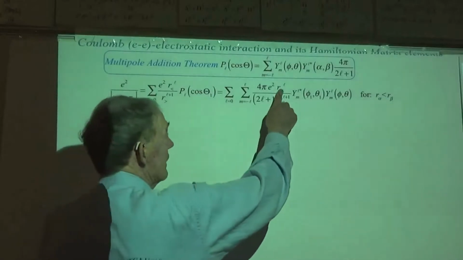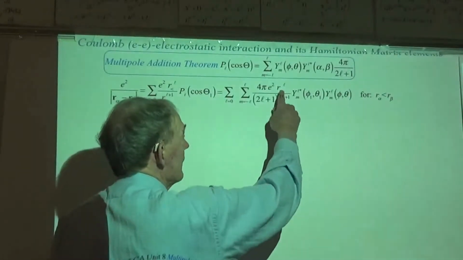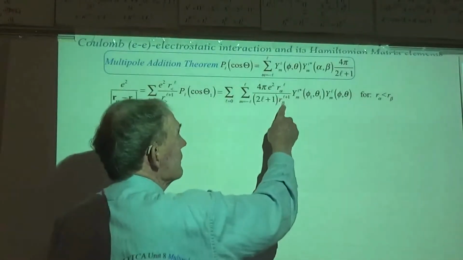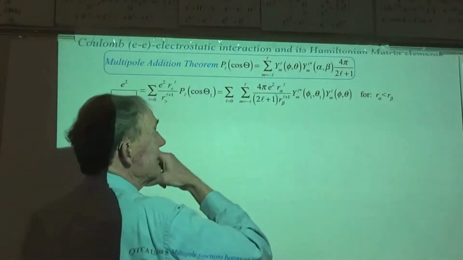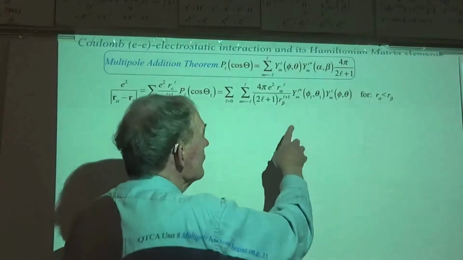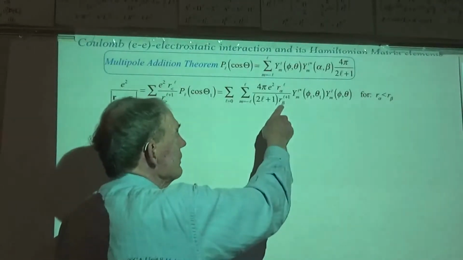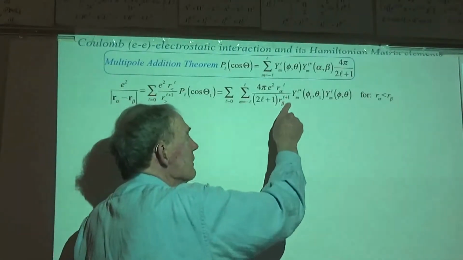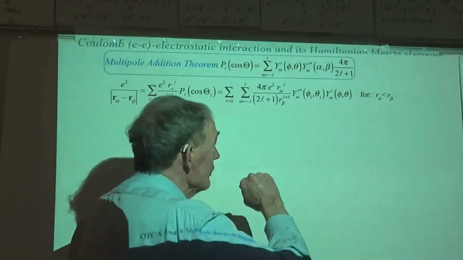There's an object that has a radius r alpha, that'll be the alpha electron, and there's a beta electron. Okay, the catch is that you can't really write just one function for this. You've got to put some indication that makes this one down here be larger than this one.